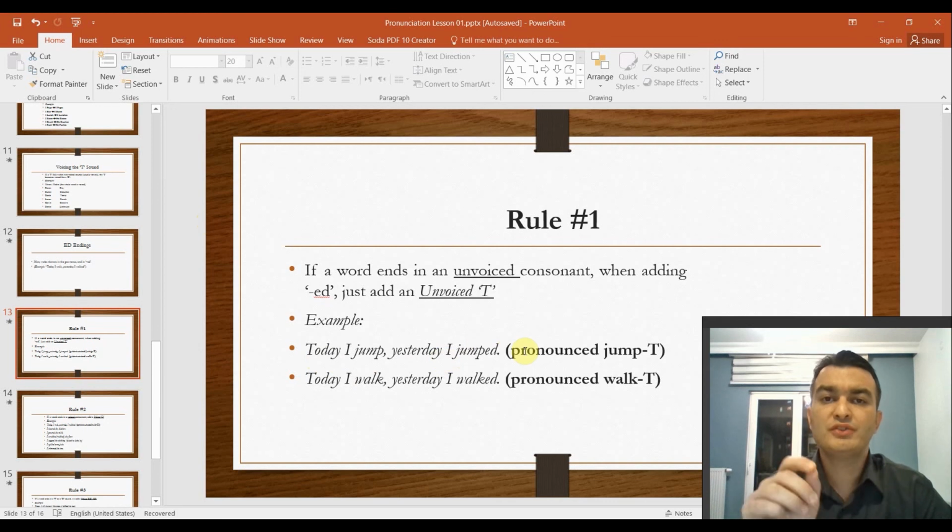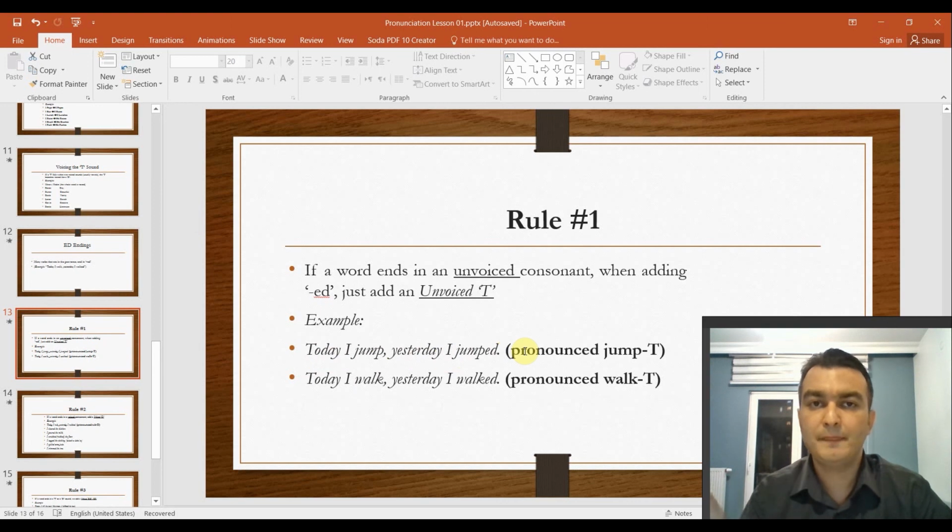Why? Because the word jump ends in p, unvoiced, right? So jumped, not jump-ed. Please pay attention, be careful. Today I walk, yesterday I walked. See, because the word ends in k, unvoiced. Walk, walked.